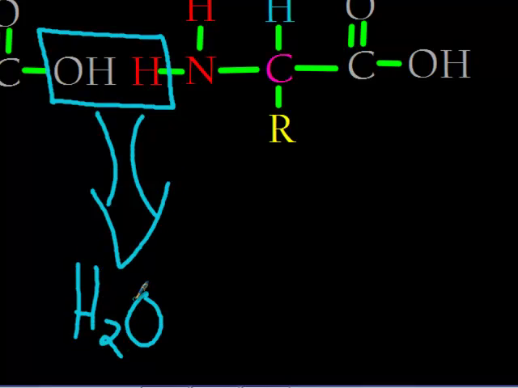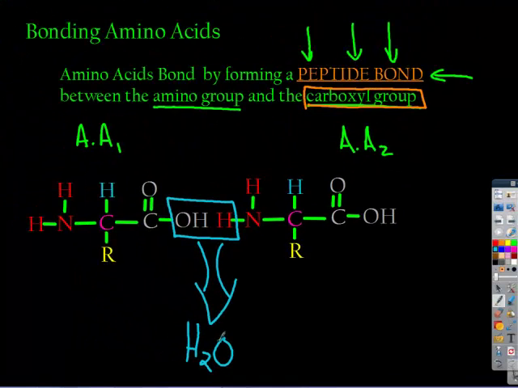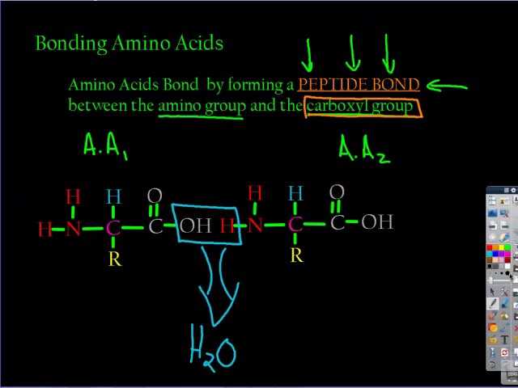Remember that. If we could pull that water out, what's going to happen is that it is going to come right out of there. And now the nitrogen that was part of the amino group and the carbon are going to bond together.